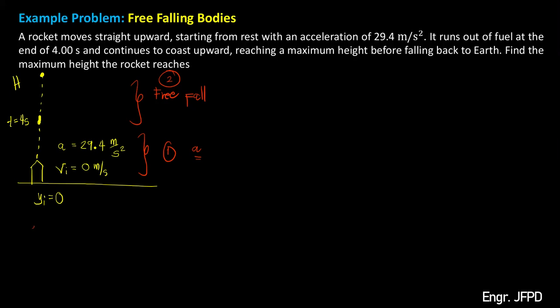On the first part of motion, we will use the formula delta y is equal to Vi t plus 1/2 a t squared. Take note that this is plus 1/2 a t squared because we will use the acceleration of 29.4 meters per second squared.